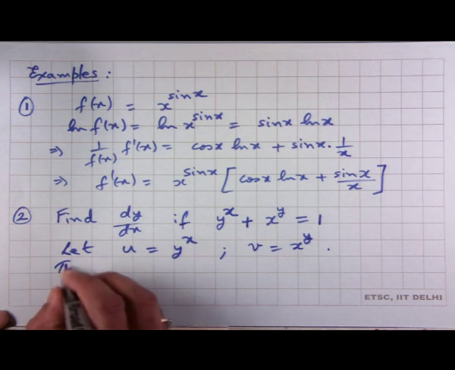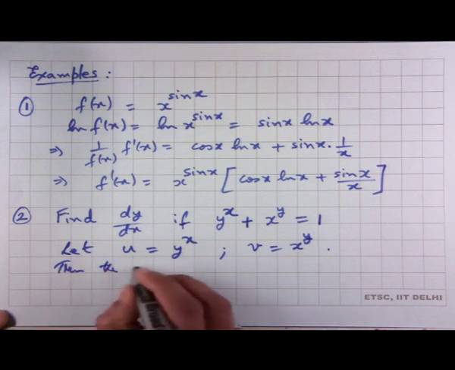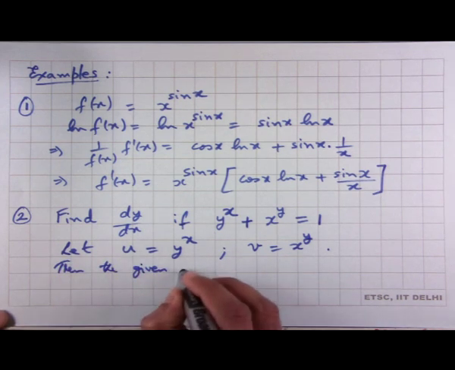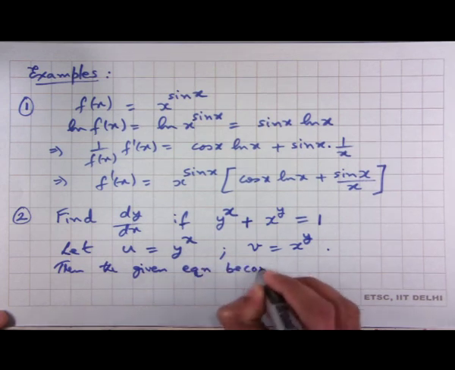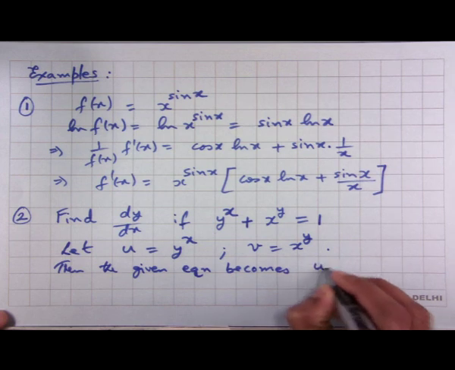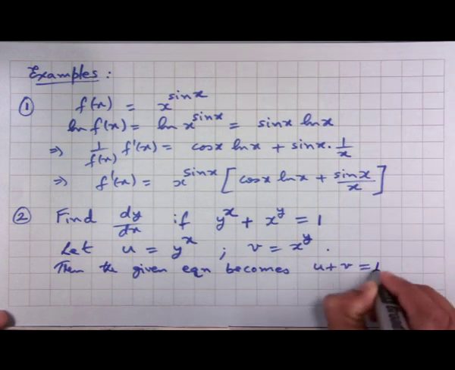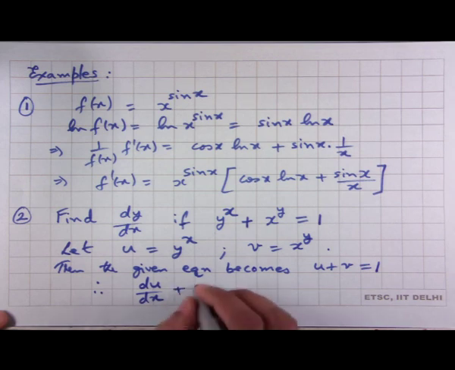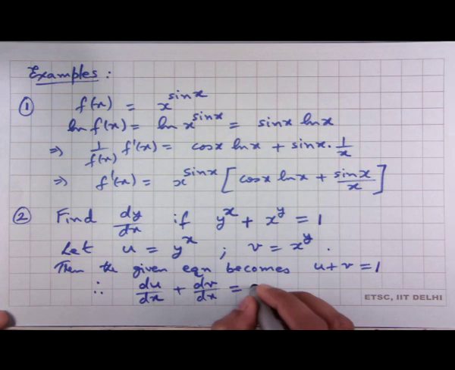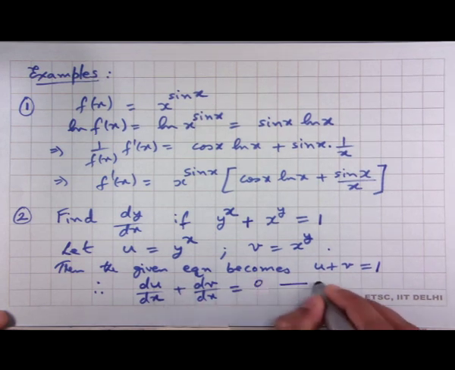Then the given equation becomes u plus v is equal to 1. Therefore, if I differentiate this, du dx plus dv dx is equal to 0. Let me call this equation 1.